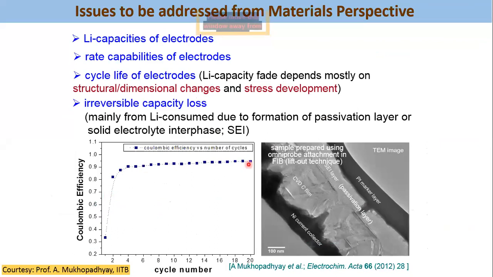So what is the meaning of Coulombic efficiency? It is the ratio of delithiation capacity to lithiation capacity, meaning the amount of lithium removed from the material by the amount of lithium stored in the material. That ratio should ideally be close to 1. It means there should not be any parasitic or unwanted reaction in the material.